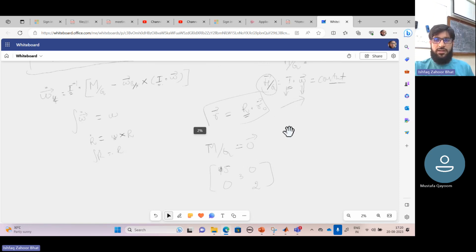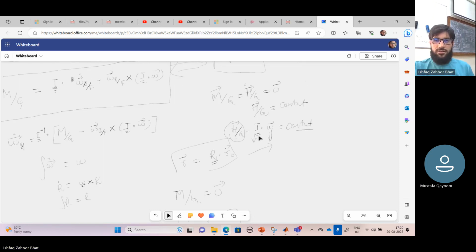So the possibility comes from this equation: I dot omega equal to constant. When omega changes, I may vary. See, I is not a scalar thing. It is not a vector, it is a tensor.